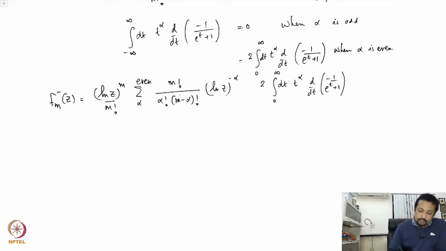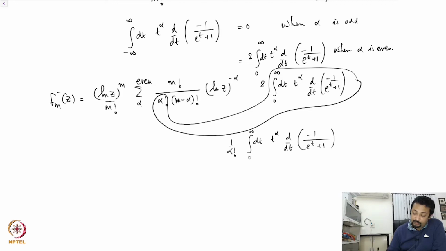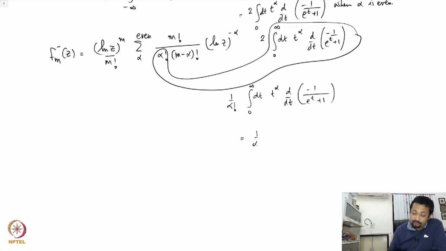So now I can combine this integral with 1 over alpha factorial and t to the power alpha d/dt of minus 1 over e to the power t plus 1, so that this is 1 over alpha factorial, 0 to infinity.